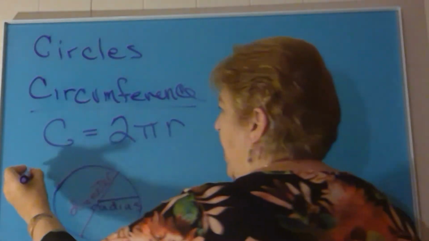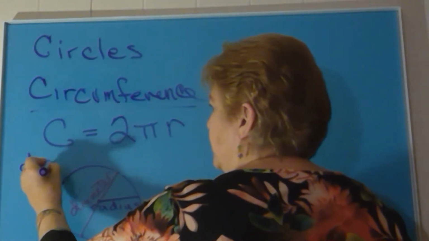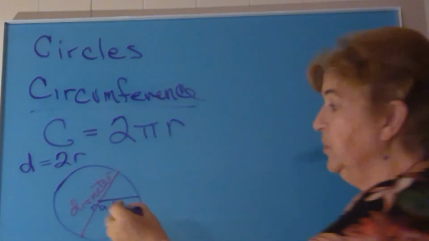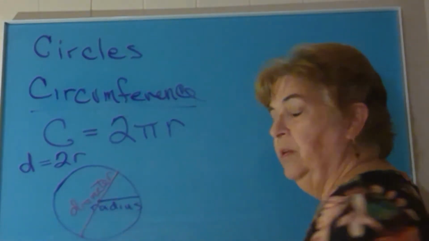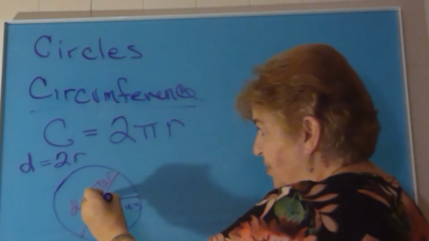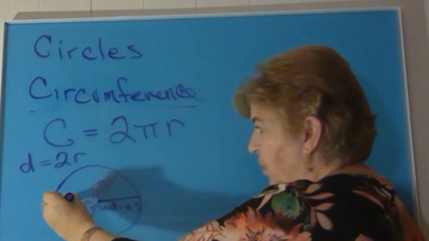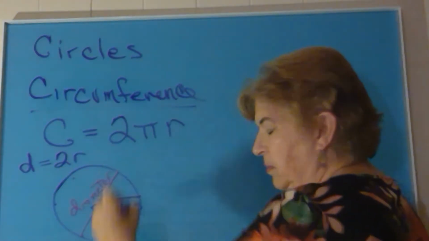And the diameter is equal to 2 times the radius, because the radius starts at the center. It's the same distance to any point on the circle.